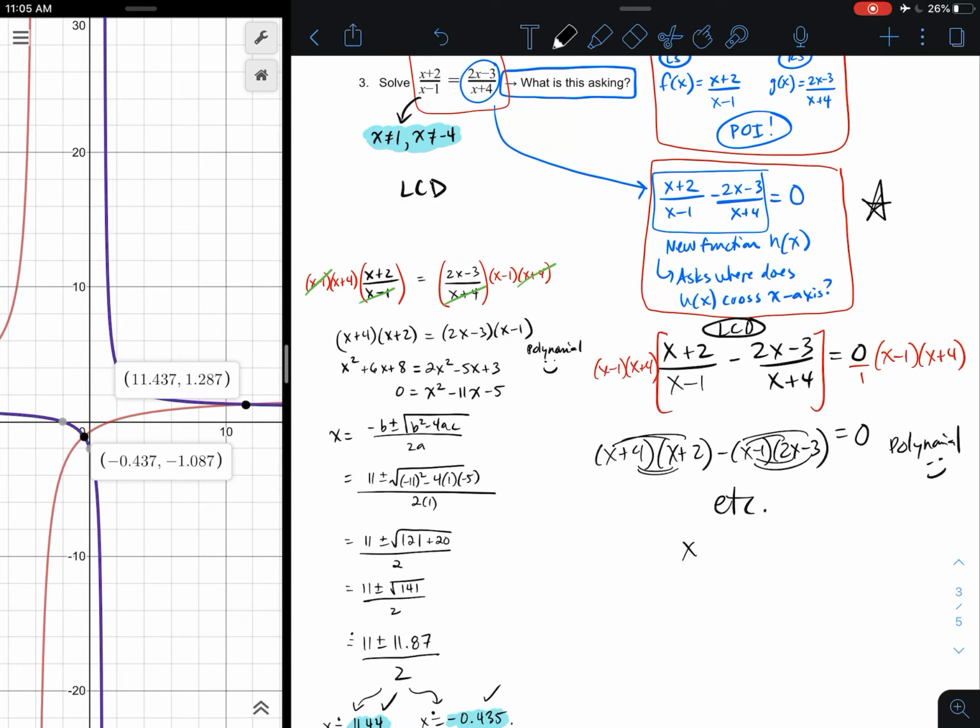It's going to be the opposite sign, but the idea is the same just because it's on the other side. I'm going to have all these terms together, and then I'm going to have 0 on the other side. I'm going to get the same answers when I solve, okay? So I'm still going to get x is equal to approximately 11.44 or negative 0.44.